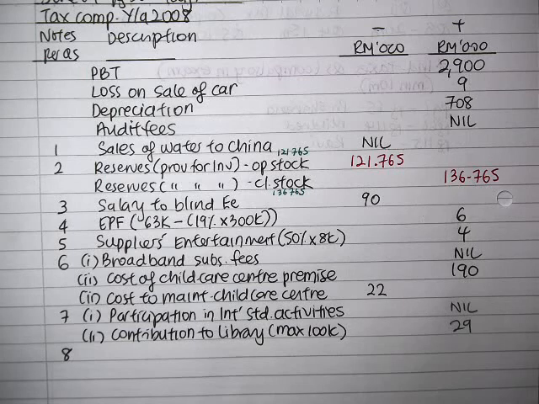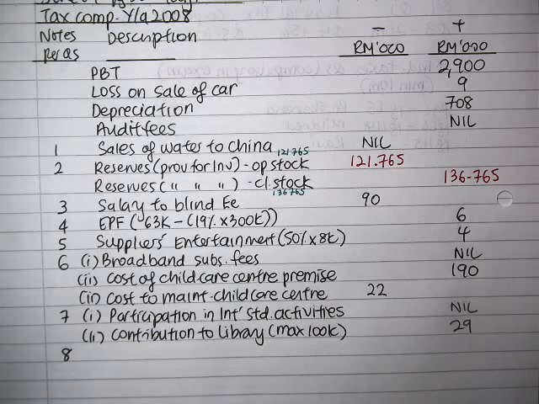Rental. Now they say the rental of 120,000 is in respect of a building in Hong Kong. The building is in Hong Kong. That means this rental is foreign or Malaysia? Foreign, yeah. But the whole amount was remitted, so exempted, correct. Okay, amount they remit become exempted.